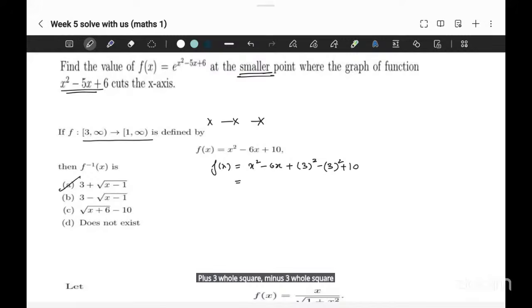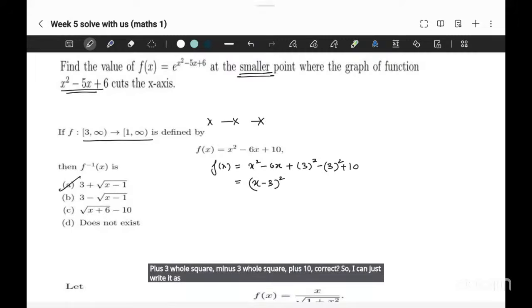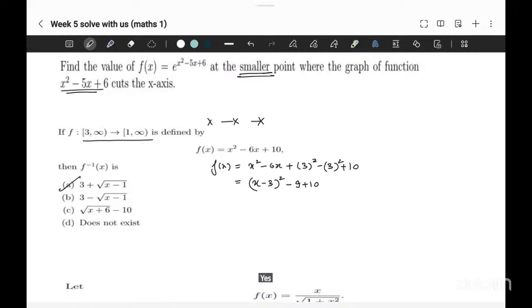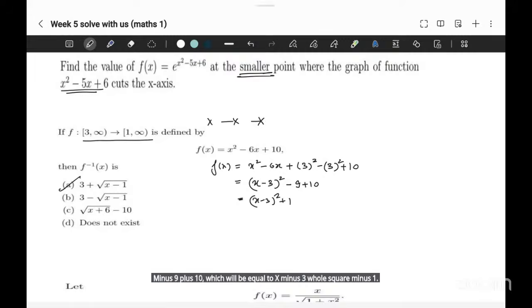So I can write it as x minus 3 whole square minus 9 plus 10, which will be equal to x minus 3 whole square plus 1. Till here it's fine? So this is my f of x, correct?